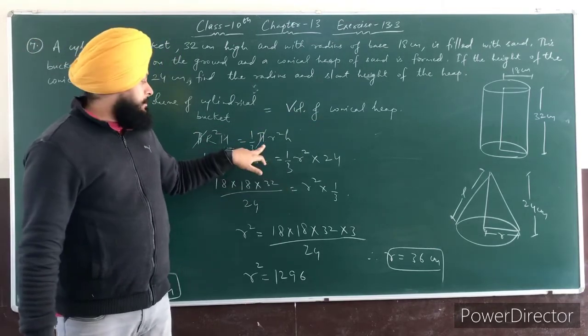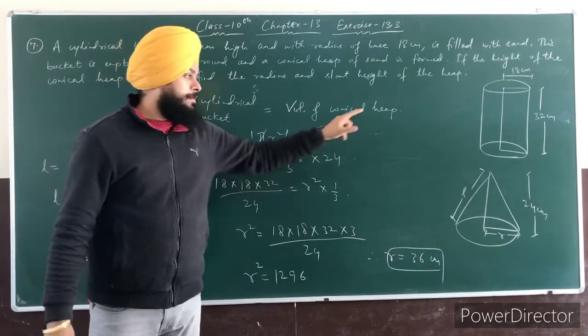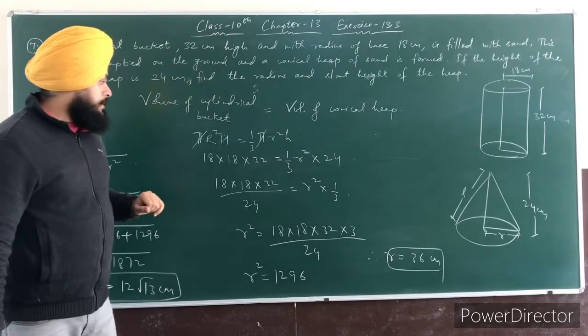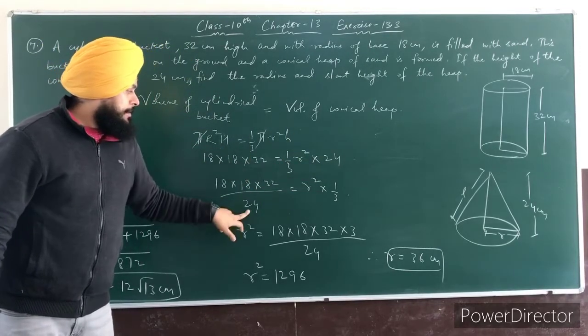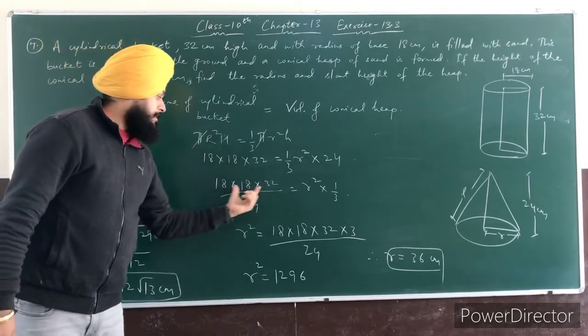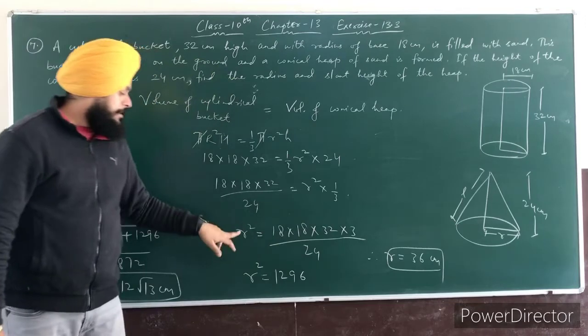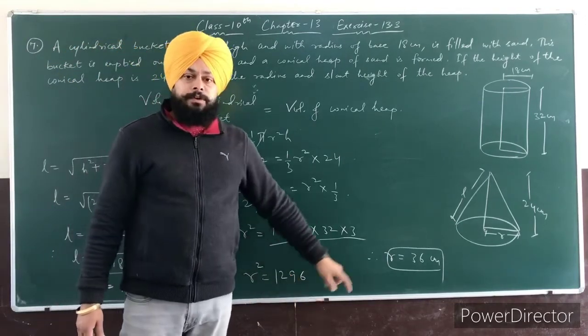We have to find the radius of this cone. So write r square as it is, and the height of this cone is 24. So take this 24 on the left hand side, it is divided by this term, and when this 3 is taken on the left hand side, it is multiplied with this term. Clear? So r square is 1296, and 1296 is the perfect square of 36.